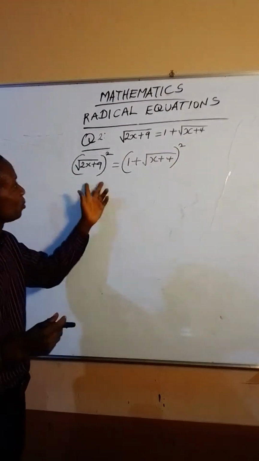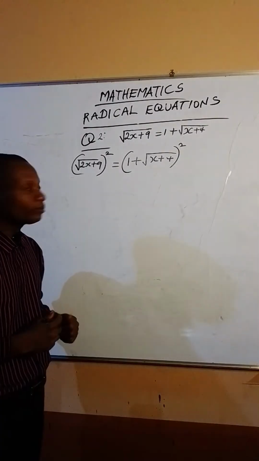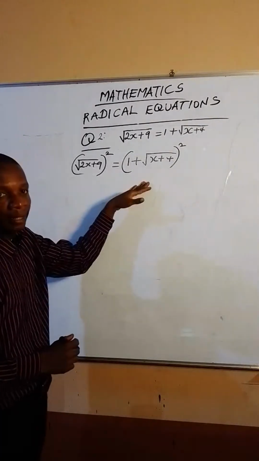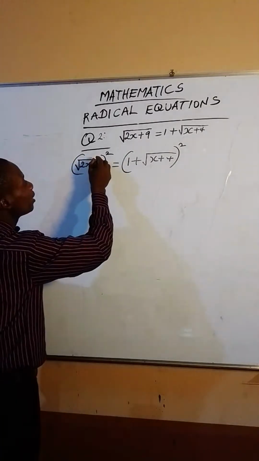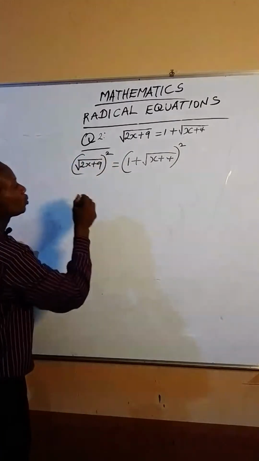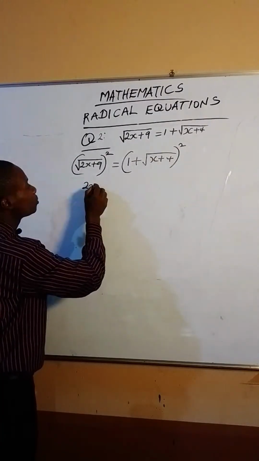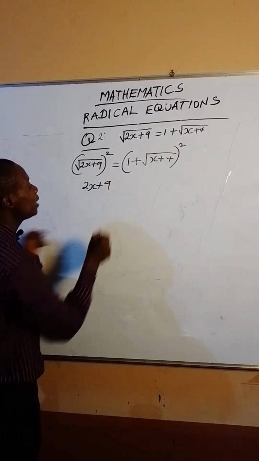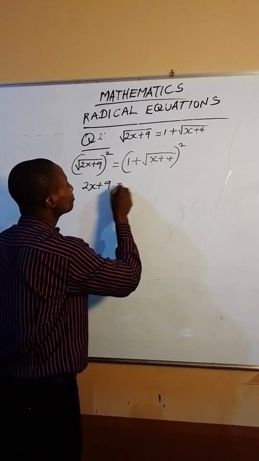This was what I did in question number 1, and I want to repeat the same thing here. When we square a square root, the square root disappears. So we are left with 2x plus 9 here. Then here, we can expand.